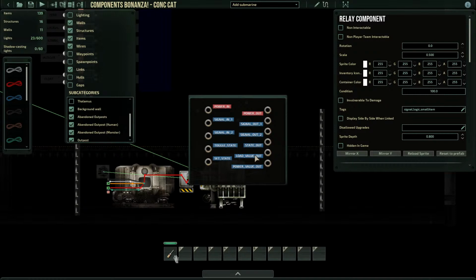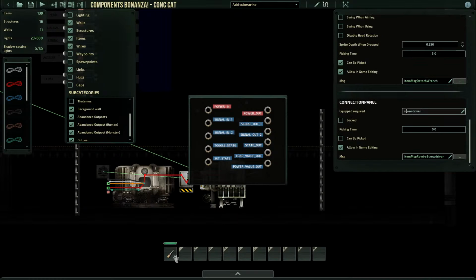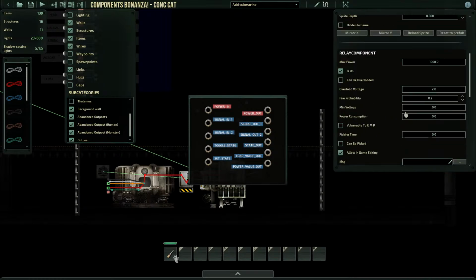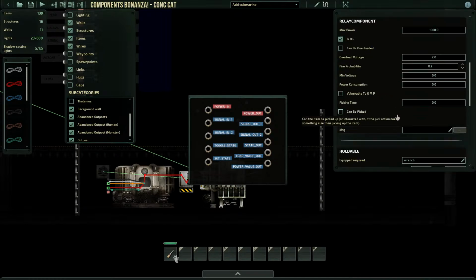So you can read the draw being placed on this relay with the load value out, and you can read the input received with the power value out. And I believe this doesn't have a repairable category, so you cannot damage. Yeah, I don't believe you can damage a relay component with overvoltage.